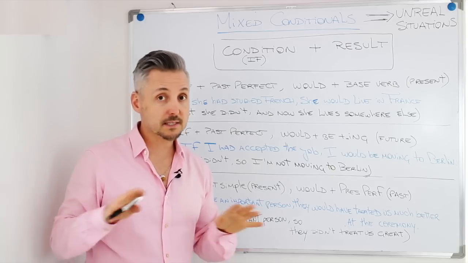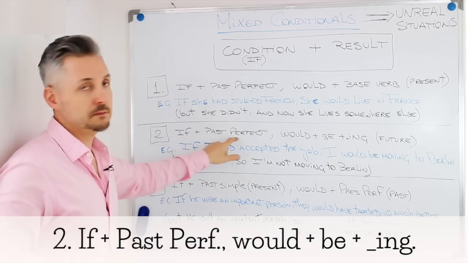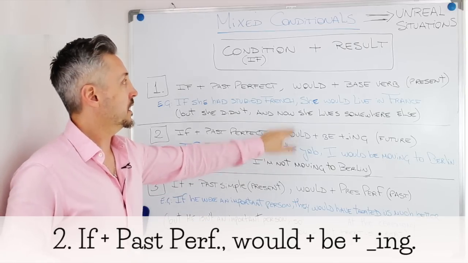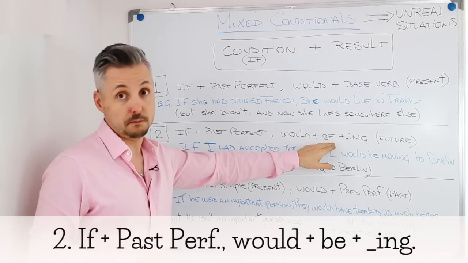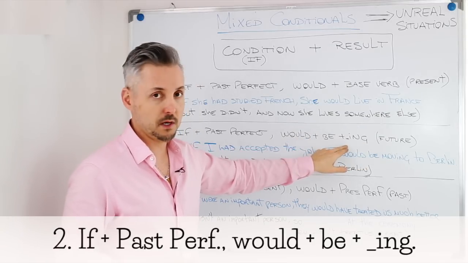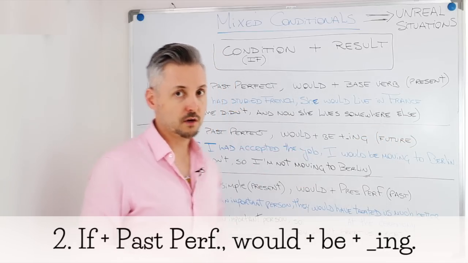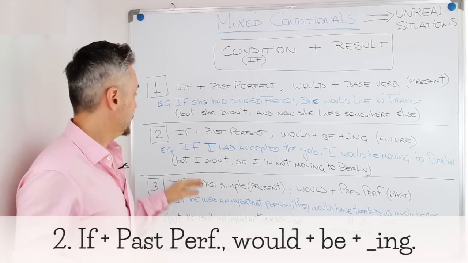Now let's look at the second pattern. If plus past perfect, again past perfect, then the result would be would plus be plus a verb with the ing form. This would be a future result. So let's look at the example, which is easier.